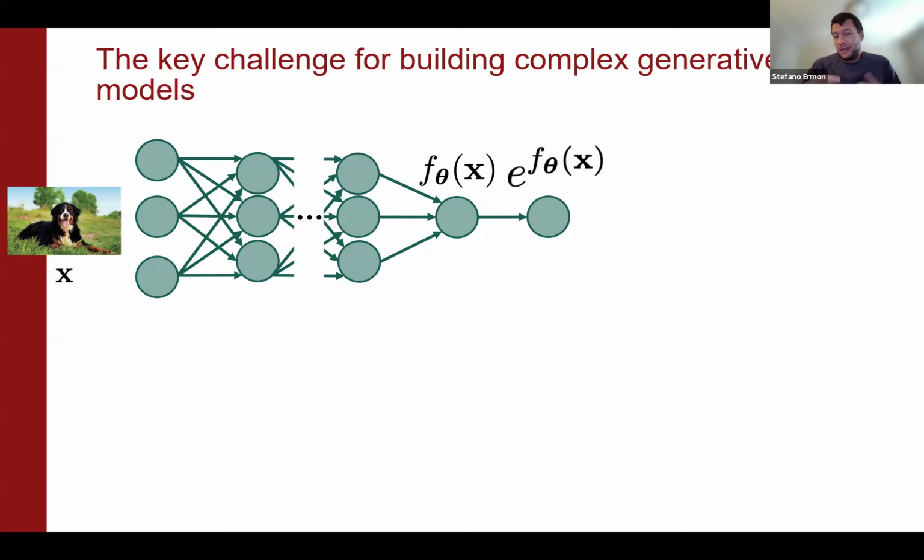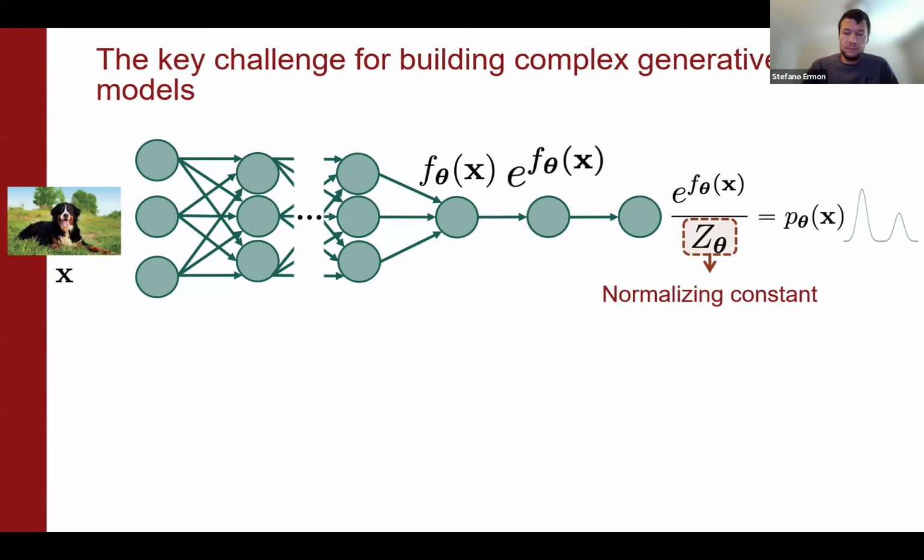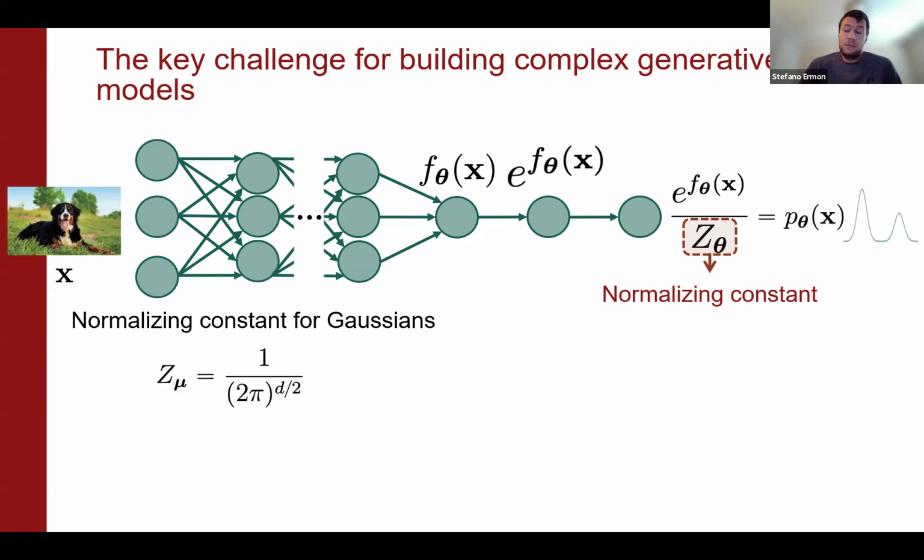One thing you can do is think of it as an energy-based model, or you can equivalently normalize by the normalization constant that you see there, the Z theta, the partition function, which is just the integral over all the possible inputs of the unnormalized probability. This defines a valid probability density function, and sometimes it's easy to compute.